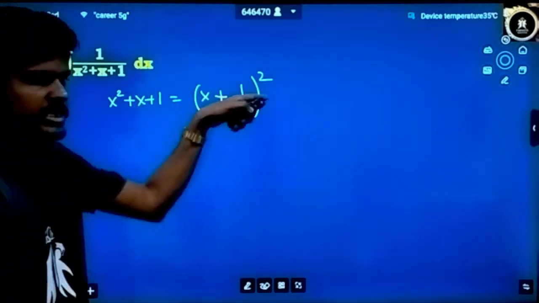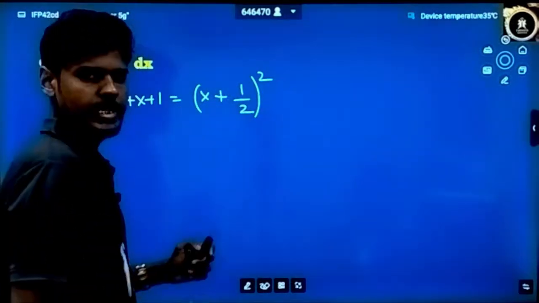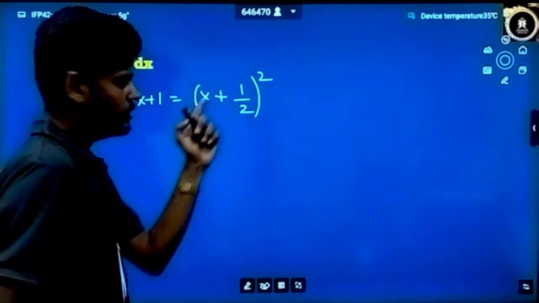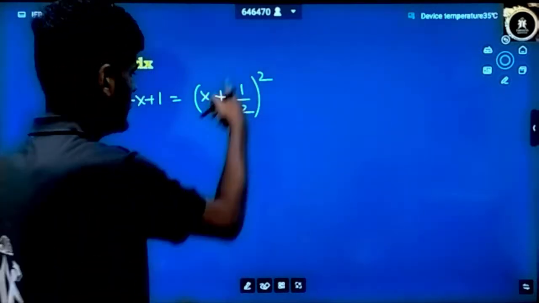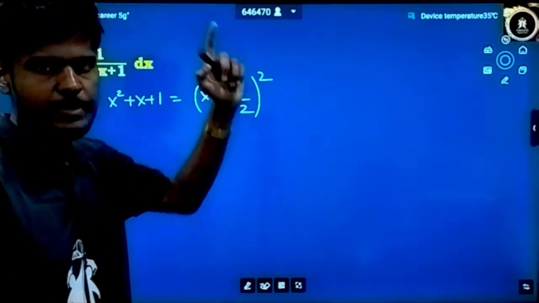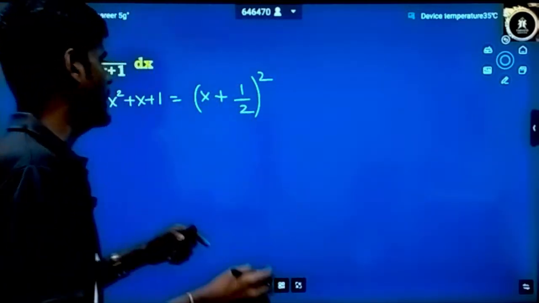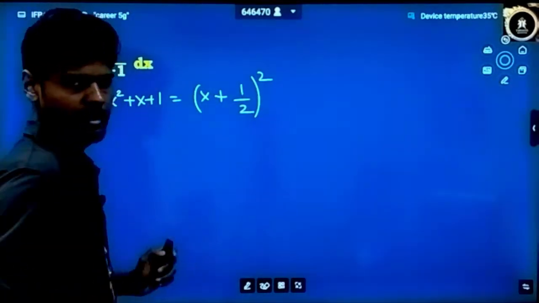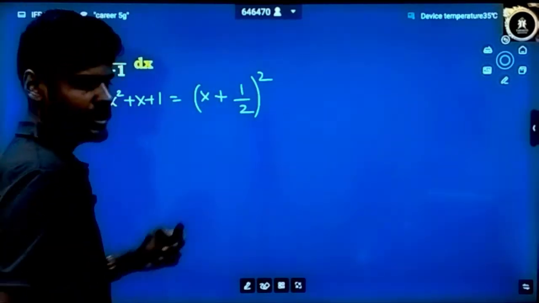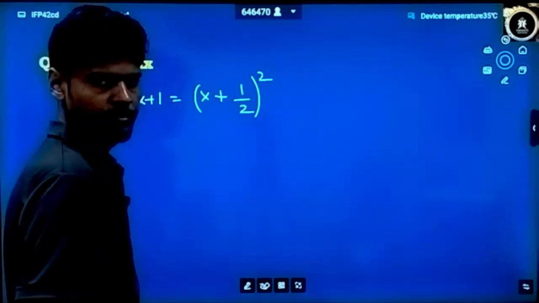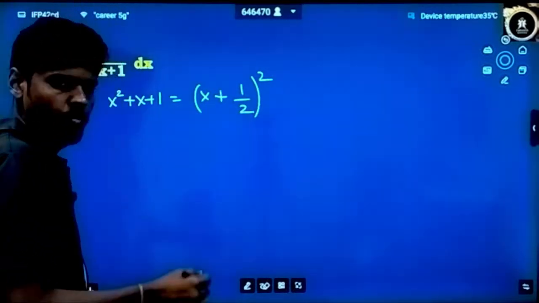Now what will we get when we expand this? We will get x square plus 2 times x into 1 by 2, that will be x. That is why we are dividing by 2, as the formula is a plus b whole square is a square plus b square plus 2ab. So we have to divide this number by 2 and then square. Then we will get x square plus x. Remaining, we will get plus 1 by 4, so we have to subtract 1 by 4.